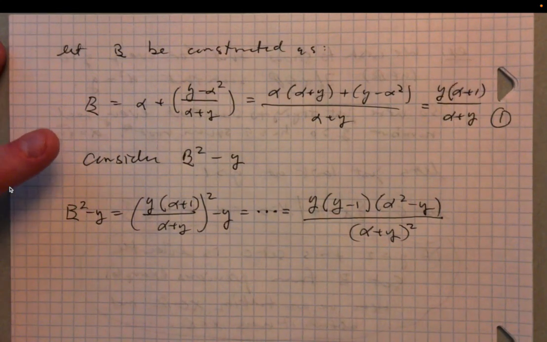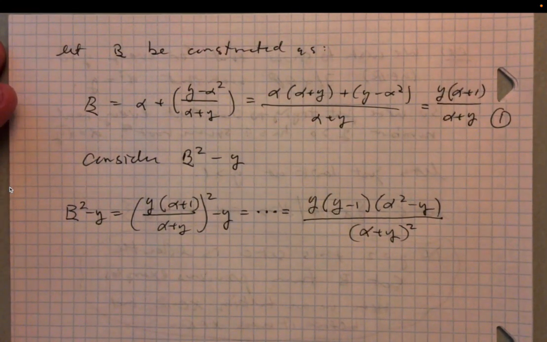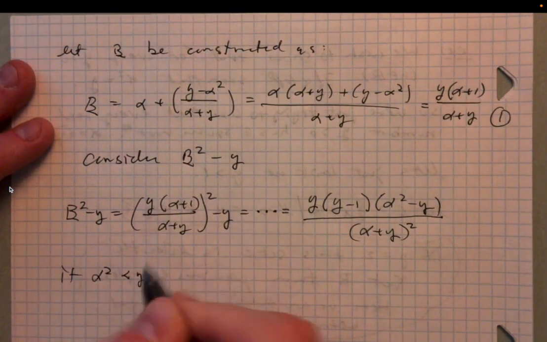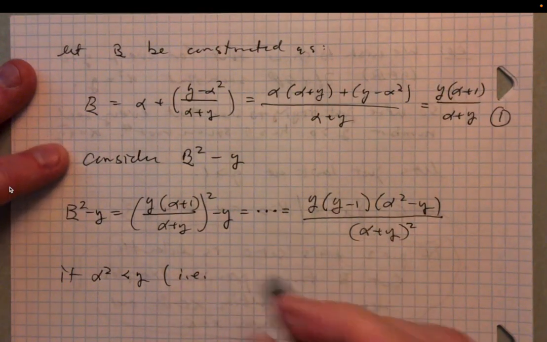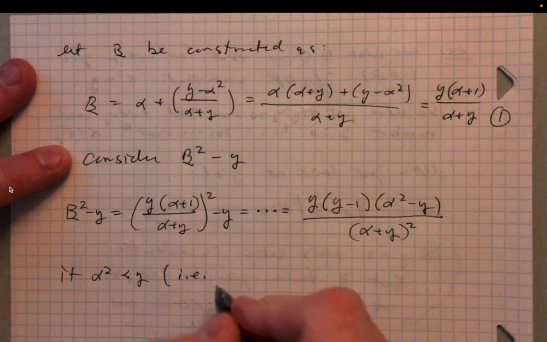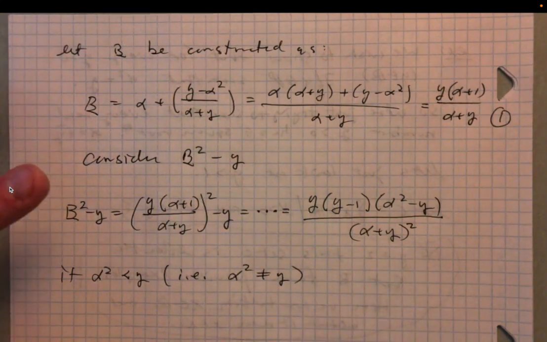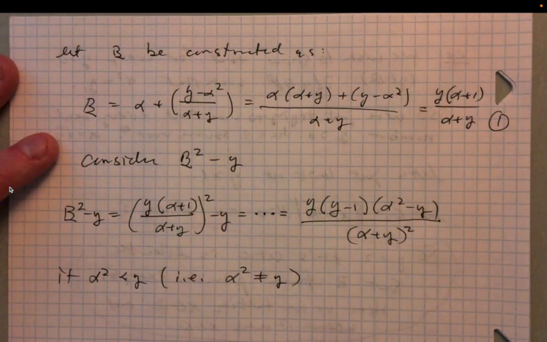Then we're going to assume that alpha squared is greater than y and show that that produces a contradiction. The only thing left will be that alpha squared equals y. So if alpha squared is less than y, what we're really saying is that alpha squared is not equal to y.